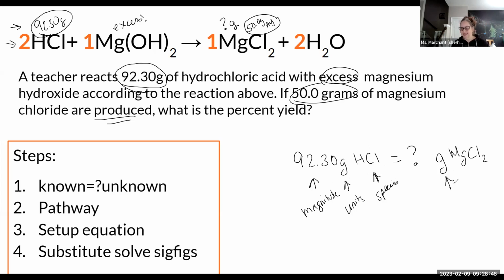Okay. And if we haven't done acids yet, don't worry, we'll go over that later. And then after the question mark, you're going to have units and a species as well. So when you're setting up your known equals question mark unknown, this is what you should see each time: a magnitude, unit, species on the left, a question mark, unit, species on the right. So that was my known equals question mark unknown.